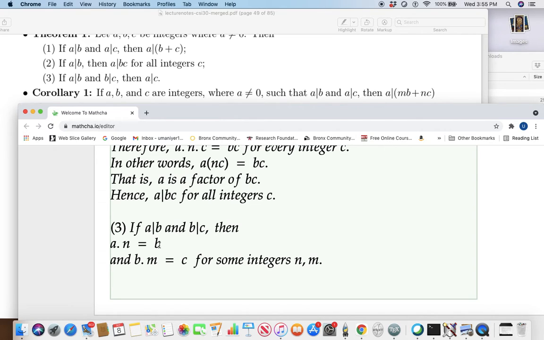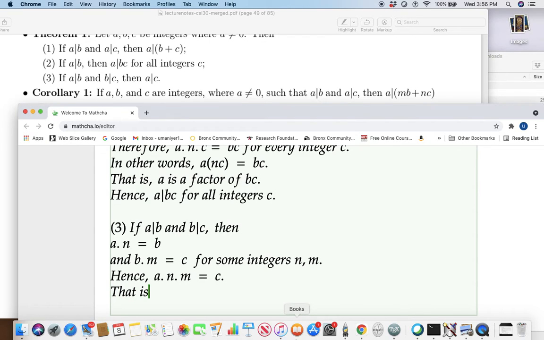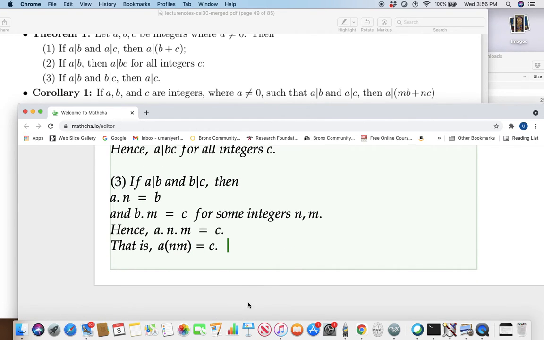A times some number is B. B times some possibly other number is C. Hence, where I see B, I'll replace it by A times N. You see, that is A times NM is C. What does this mean? This means A divides C. That's all.